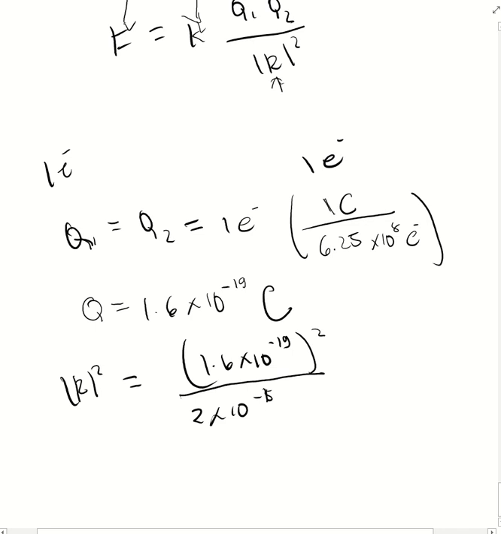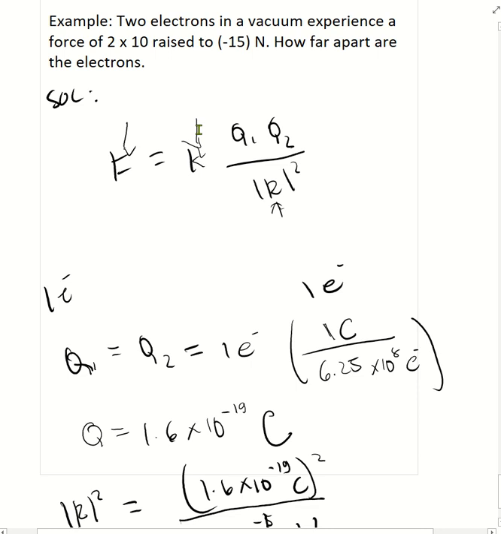And look at the units. This is in Coulomb and this is in Newton. So these are in MKS system. Your K here is not equal to 1 because we are in MKS system. And what's the value for our K if you are in MKS? If you are in MKS, K is equal to 9 times 10 to the 9.